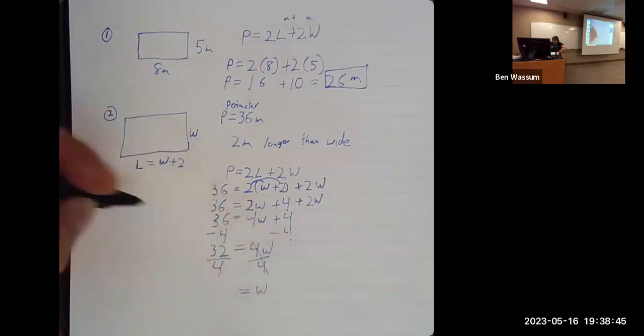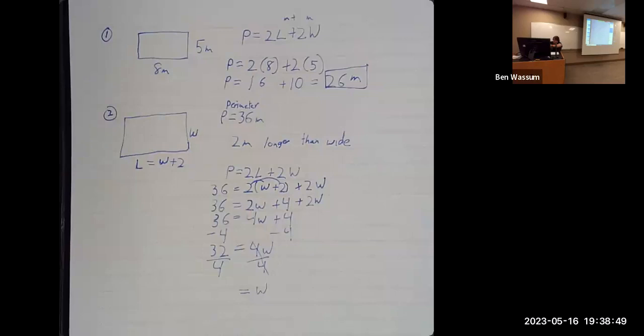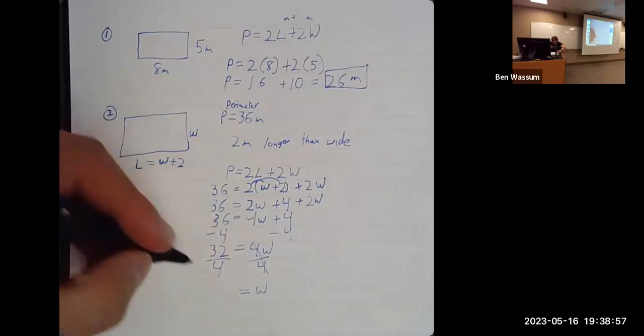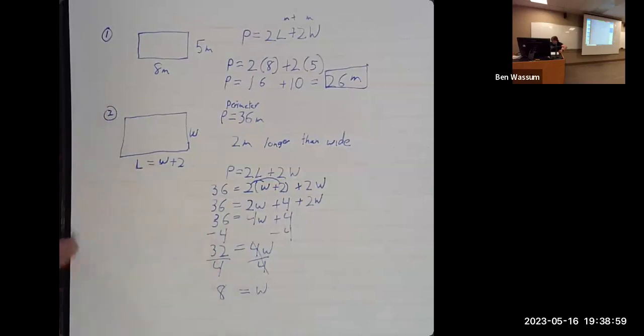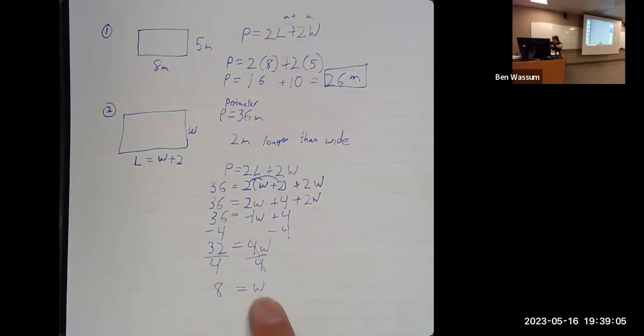There's going to be W. And then you say, okay, 32 divided by 4. You could grab a calculator. You could say how many times does 4 go into 32. No matter how you do it, you're going to end up with the same number regardless. So we get 8 equals W.